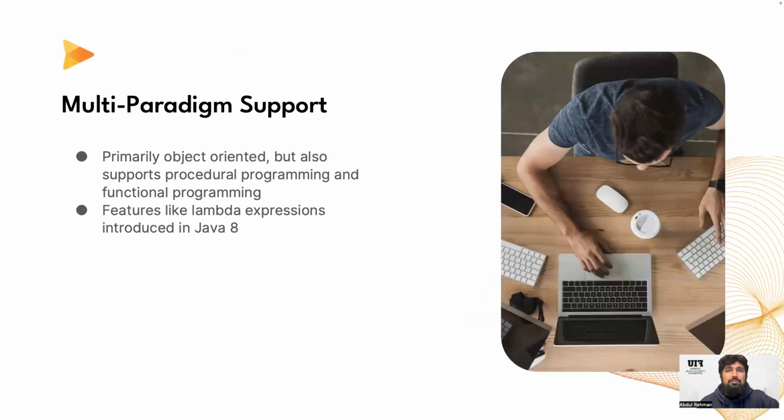As I told you, we are mainly focusing on the object-oriented paradigm in Java, but because it supports object orientation does not mean it doesn't support others. We can consider that Java supports procedural programming as well as functional programming. So I say that it's a multi-paradigm language. There's also a feature called Lambda expressions, which is an advanced feature in Java.